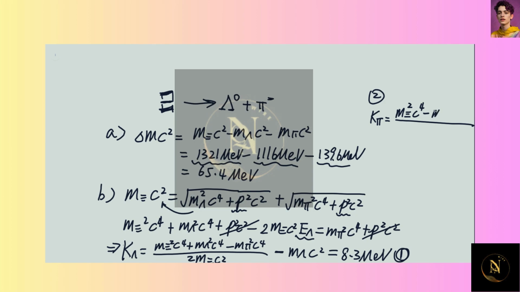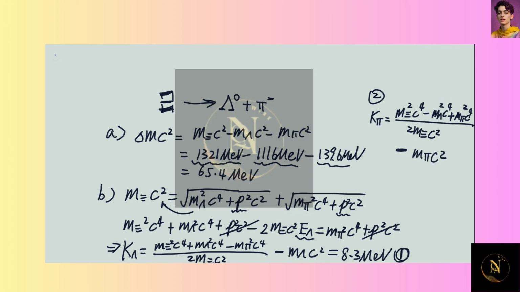It is all the same except that in this case we are taking the mass of the lambda particle and adding the mass of the pi particle, and in this one we're subtracting the rest mass of pi.